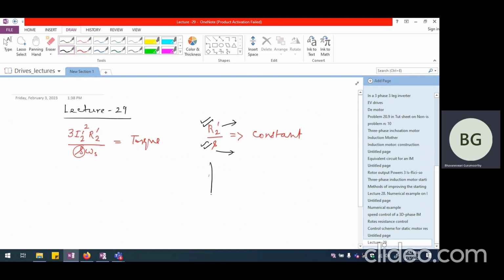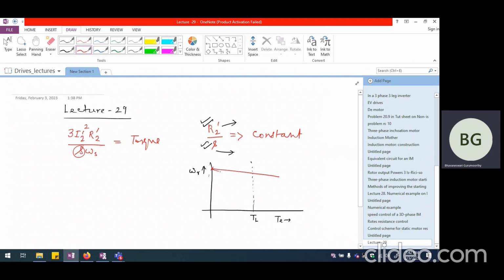And this could be depicted in the form of the torque slip characteristics. If this is omega R and this is the torque, and if we are planning to maintain the torque as a constant at a particular value, let us say this is our load torque, then if external rotor resistance is not included at all, this is the characteristic.